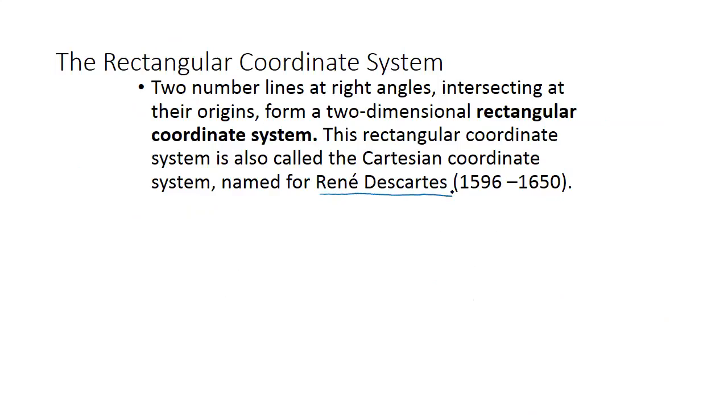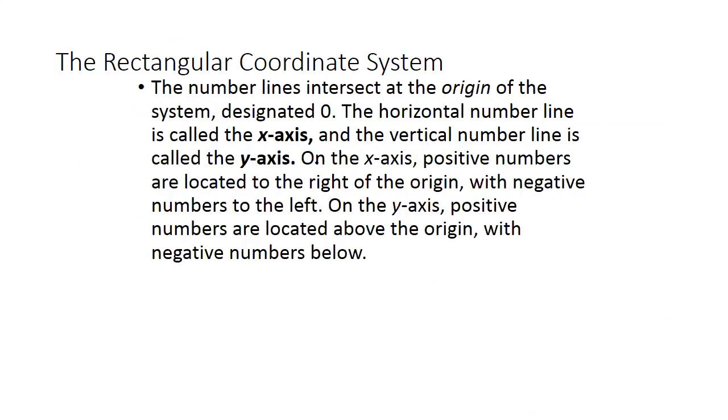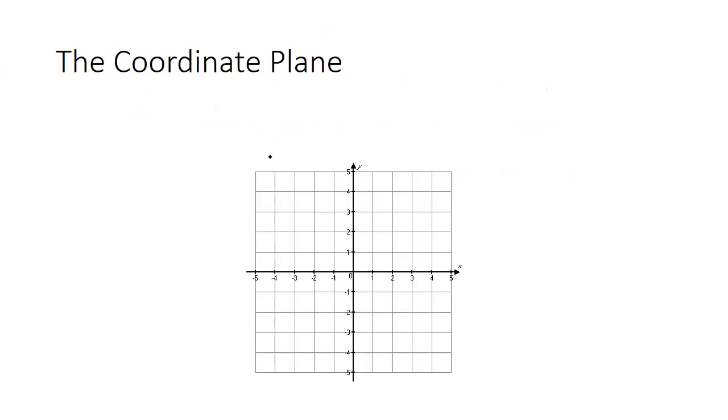We're still going to use this for the x-axis and y-axis. The vertical line corresponds to the y-axis, and the horizontal line, which is perpendicular to that, corresponds to the x-axis. And this is what we're going to use for graphing linear equations.